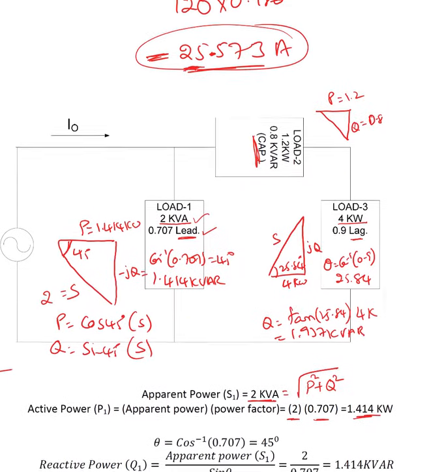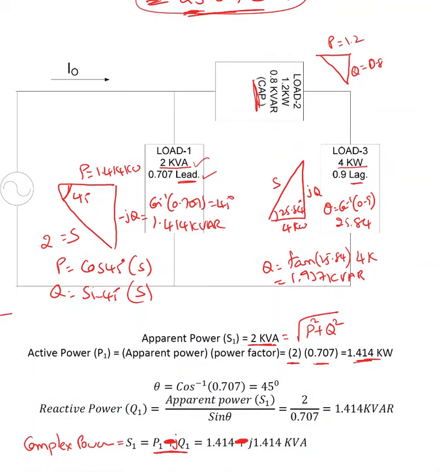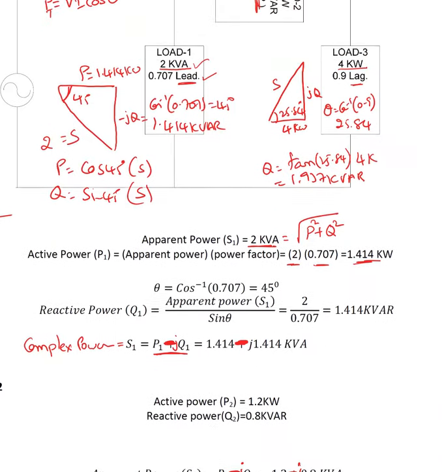Now if I want to find I naught here, P total equals VI cos theta. I know P total, which is 6,614.